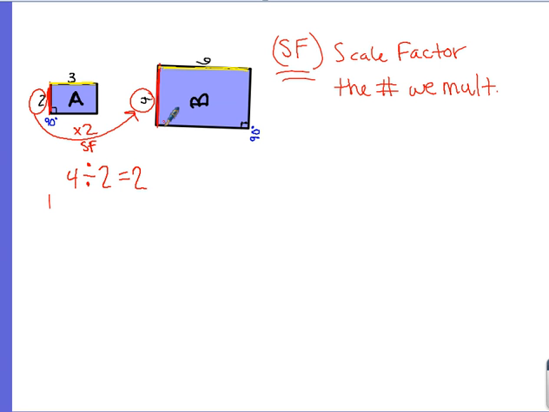I could have done the same thing with 6, the long side, divided by the other long side, 3, and again I would have got 2, because the scale factor of 2 was applied to the long side in figure A to get the long side in figure B.